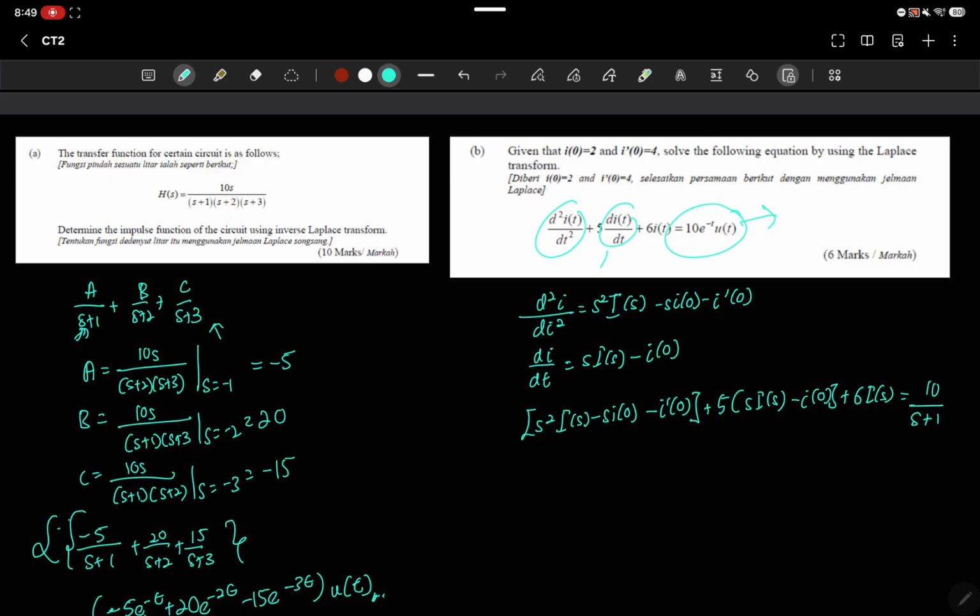Now you just need to simplify this. When you are simplifying this, you need to input this. Yeah, if I0 is 4, I0 is 2, so you need to be careful with that.